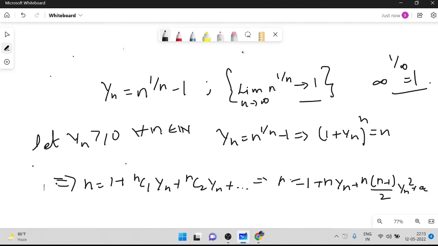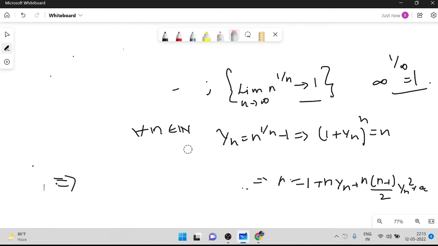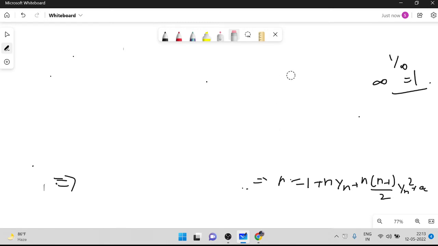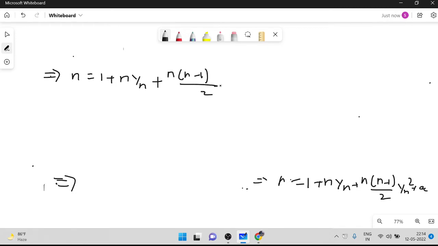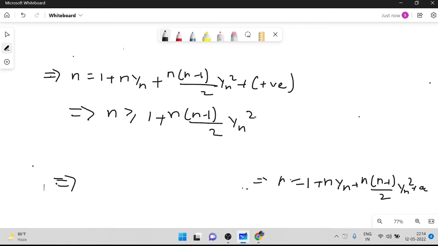Hence n is greater than or equal to 1 plus n into n minus 1 by 2 yn square, because each of these terms is positive, so obviously n has to be greater than this value.